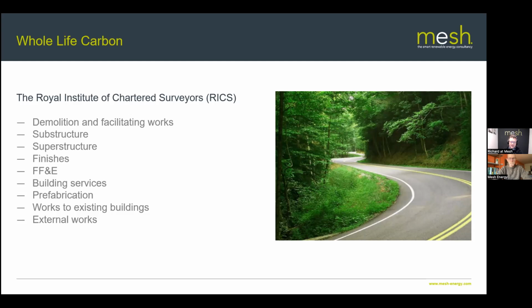Certainly from a MEP perspective, we spend a bit of time quantifying the building services and including that in our calculations. And it includes prefab, works to existing buildings, and it can include external works. So you can include landscaping design in that as well.